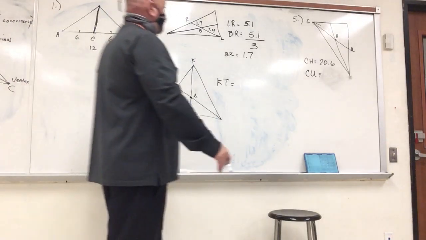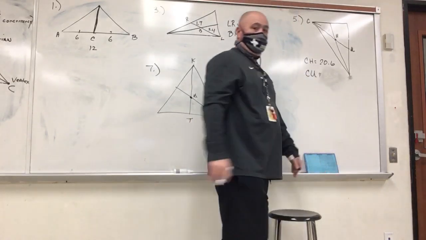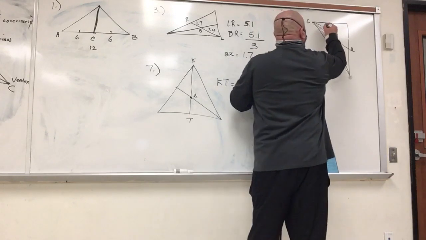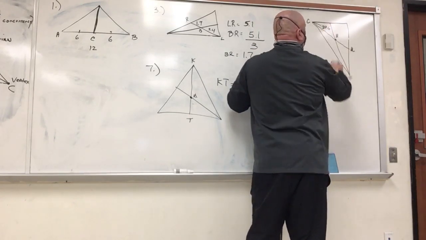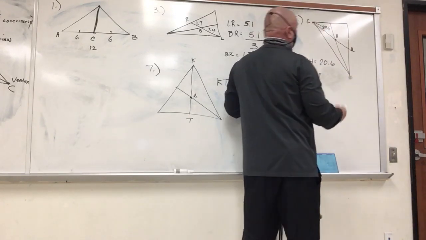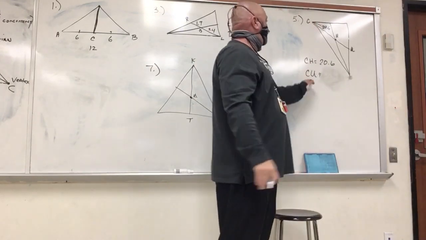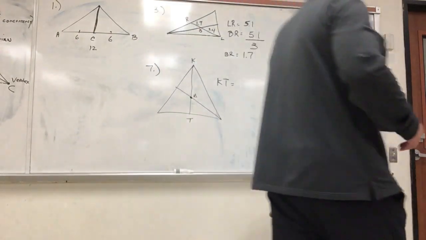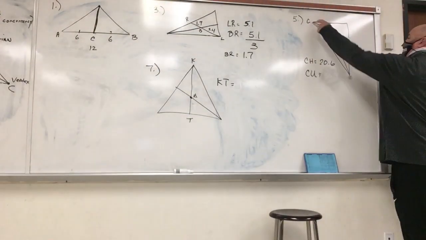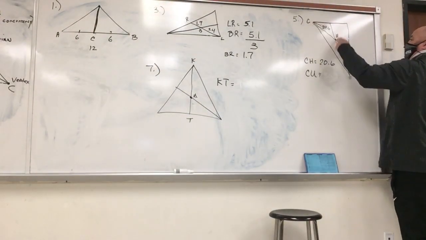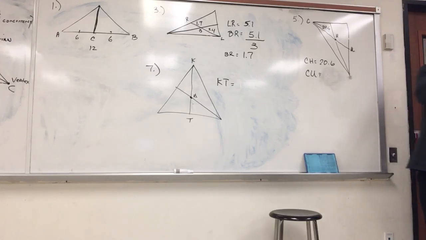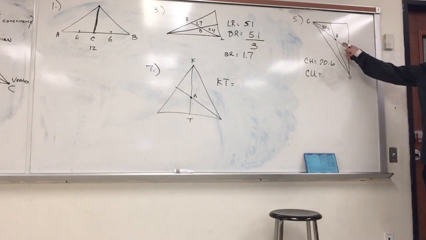Okay? Let's look at number 5 here. This says that CH is 20.6 and HU is, I don't know, and CU I gotta find. So here's what I would do. What segment is that? Is that long or short? Short. No, look at it again. It'd be the long segment. Okay, I'm given the long segment, and I gotta find the short segment.